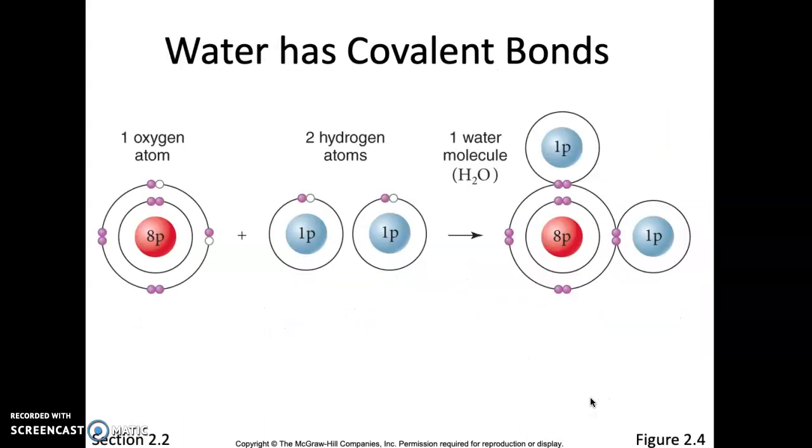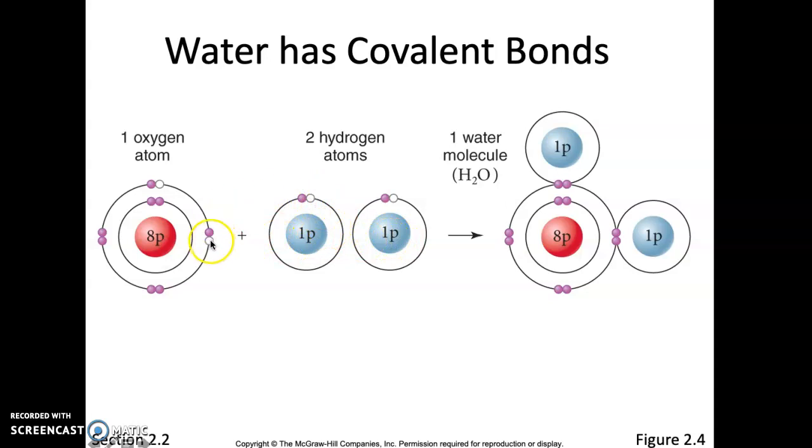Okay, moving on, water. Water has covalent bonds because if we get H2, 2 H's, and an oxygen, oxygen has 2 vacancies in its outer orbital. So it can be sharing also with a hydrogen.